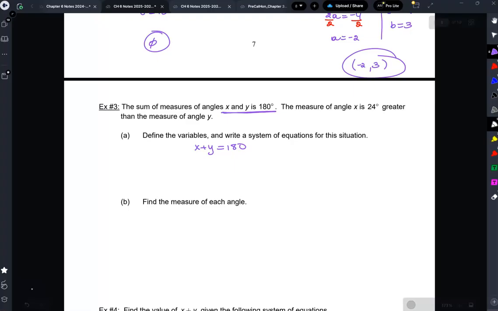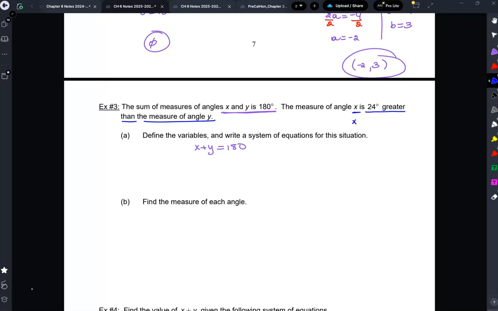Now, there is another piece of information. The measure of angle x is 24 degrees greater than the measure of angle y. When you do, like, you do split half, so it's 90. No, we're going to do a second equation. Ignore everything we've done so far. Can somebody write an equation with just the blue underlined parts? 24 plus y equals x, right?